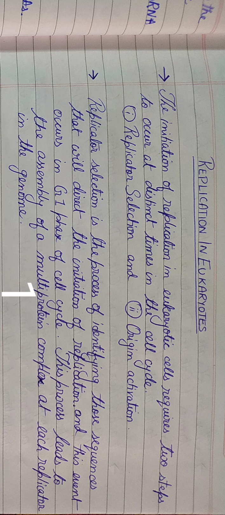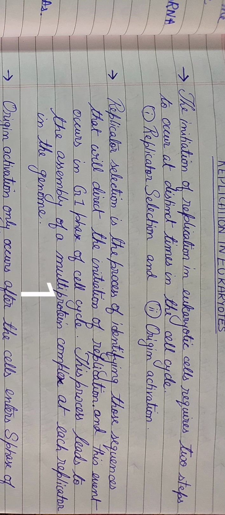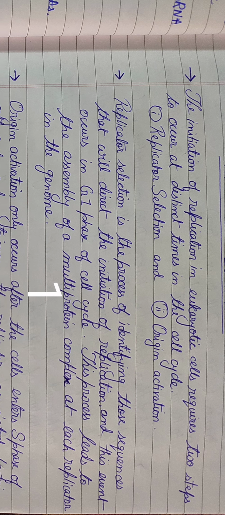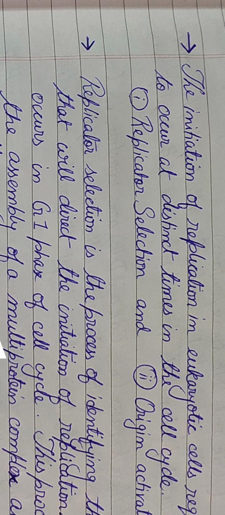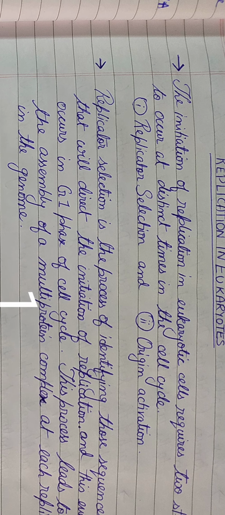Okay, so initiation of replication in eukaryotic cells requires two steps to occur at distinct times in the cell cycle. The two steps are replicator selection and origin activation.